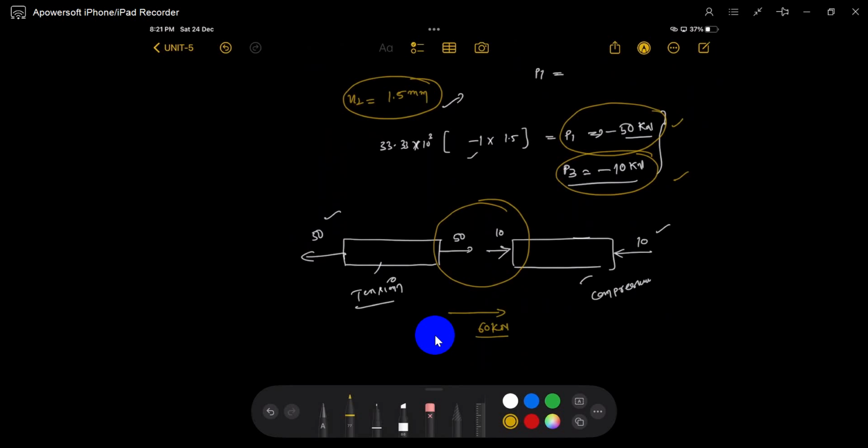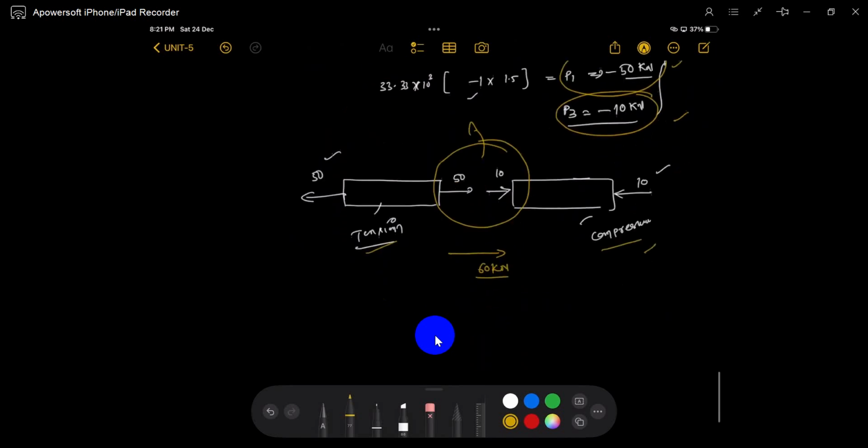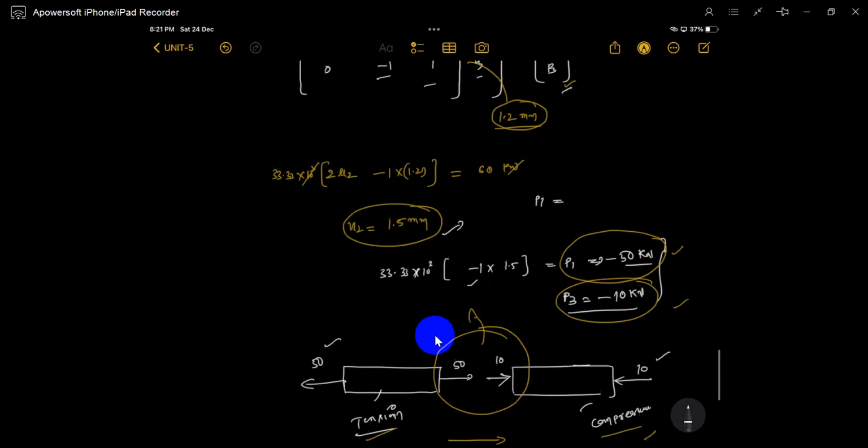So, understood the free bodies? It's a compression and it's a tension. And also the displacement at the joint u2 is 1.5 mm, and the nodal displacement u3 is 1.2 mm. Okay, so that's the idea of the second problem.